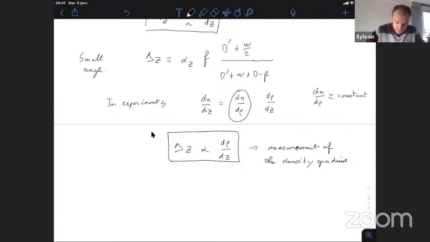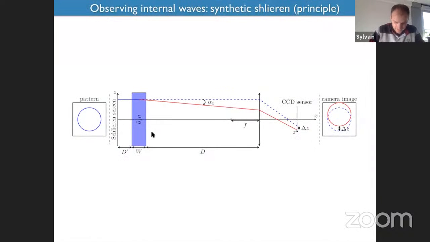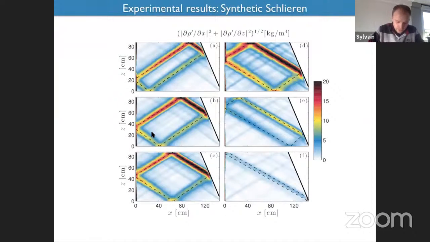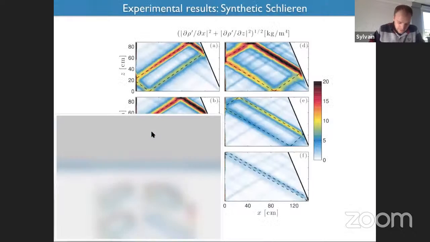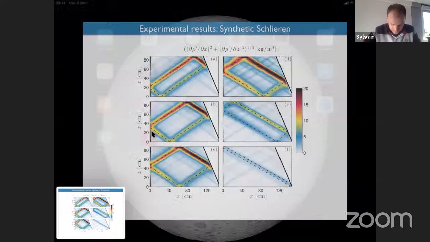If you do this for the internal wave system that I've shown you, for different frequencies, you can see this result.